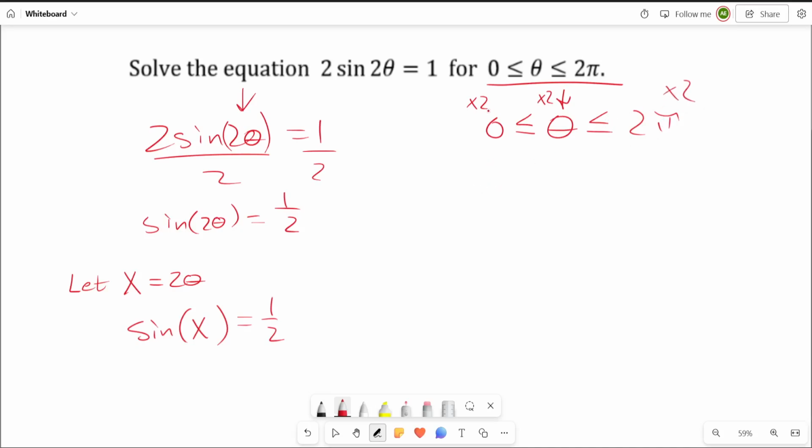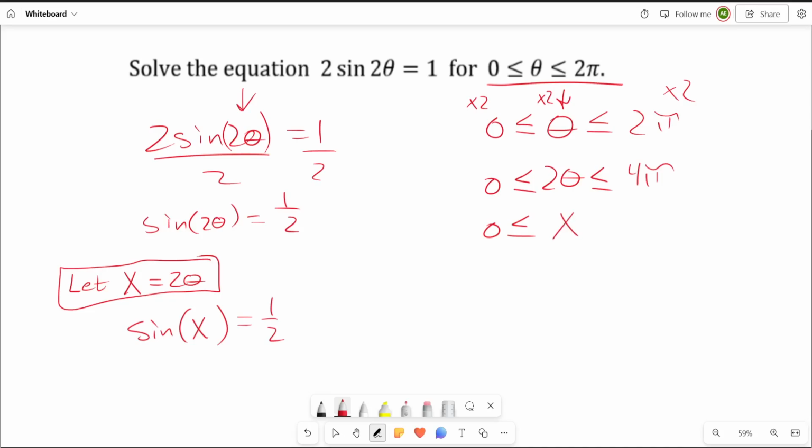So 2 times 0 is 0, less than or equal to 2 times theta, which is 2 theta, less than or equal to 2 pi times 2, which is 4 pi. So this is my new range. And I know that capital X is 2 theta, so I can rewrite it as 0 less than or equal to X less than or equal to 4 pi.